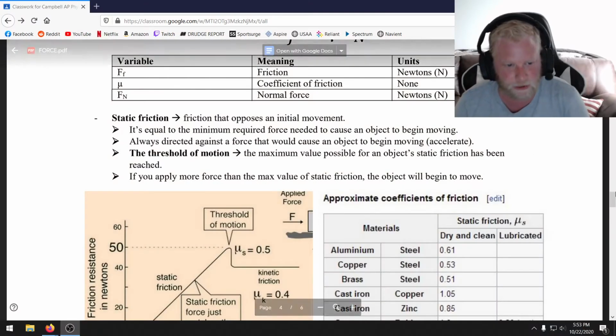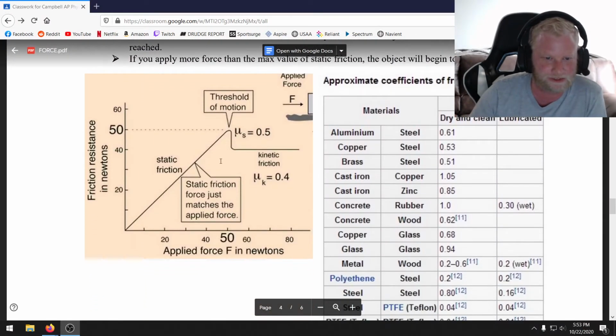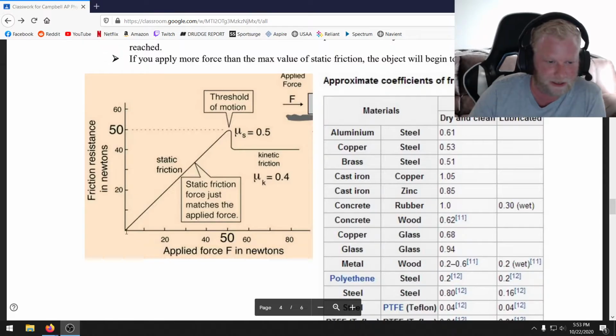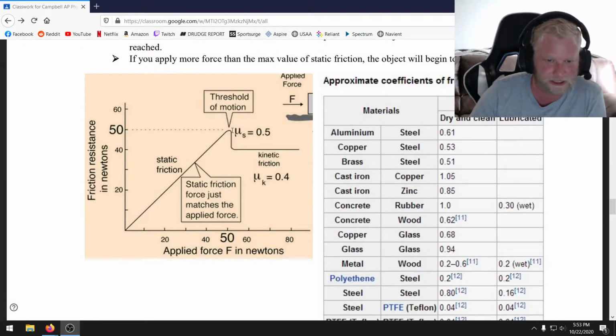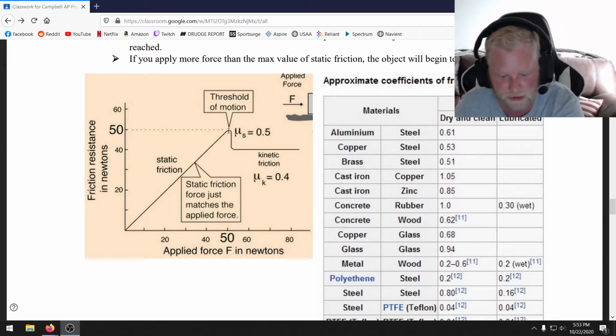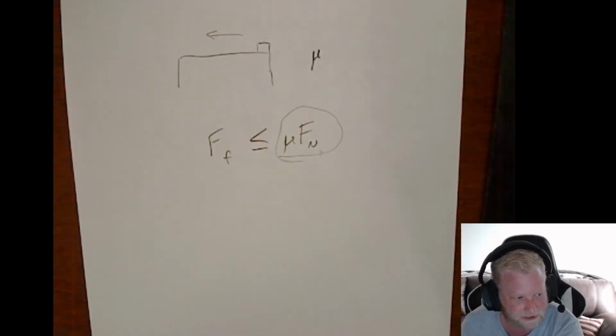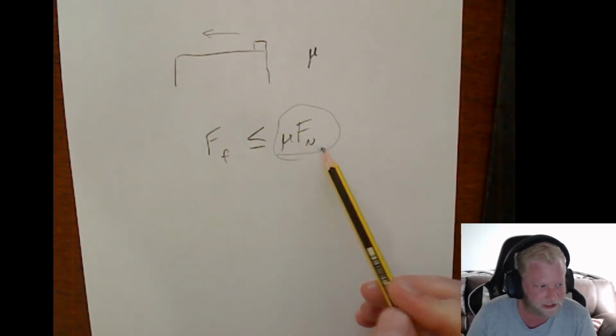So if we were to look at this in terms of a graph, this is the static friction force between the floor and the table. This is the force that you're applying. As you continue to increase the force that you're applying, the static friction force is going to match you up until you reach that maximum value, which is the coefficient times the normal force.